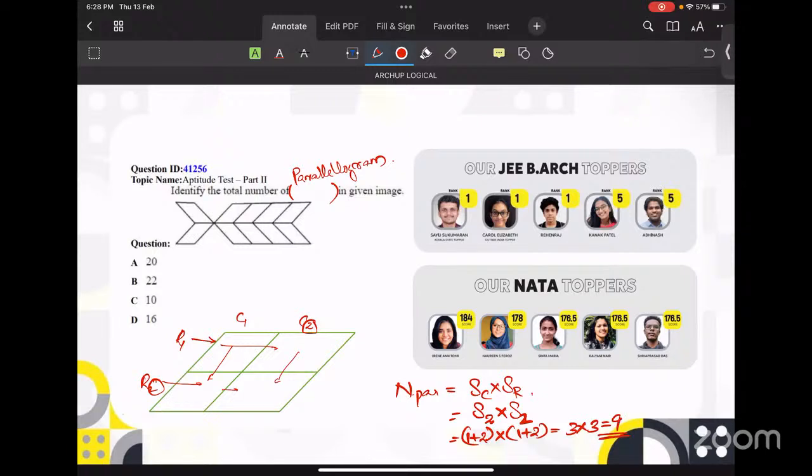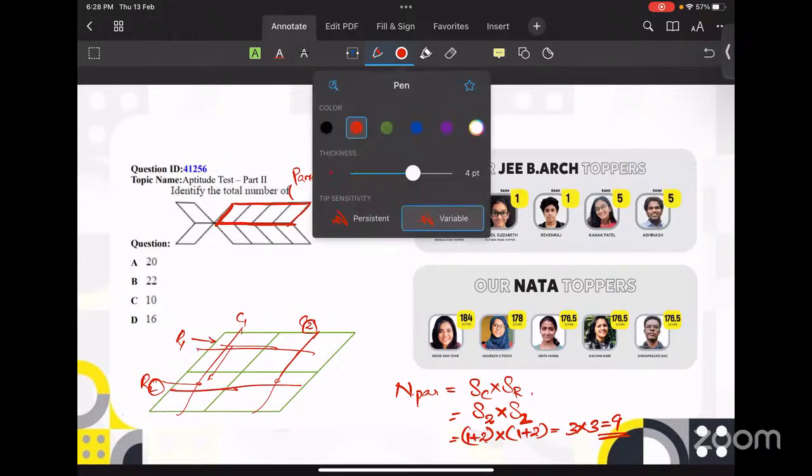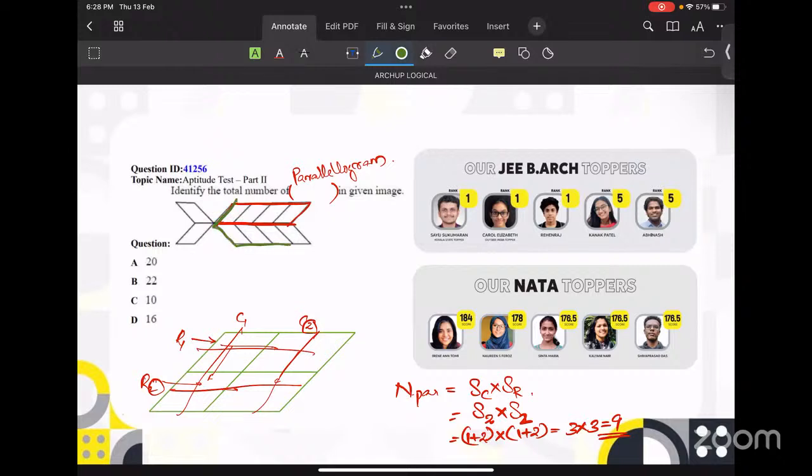If the figure is a little bit bigger with a lot of lines, this technique will be very much helpful. Actually, in this question, parallelograms mean opposite sides are parallel. So this one is a parallelogram, but this highlighted portion is not a parallelogram.